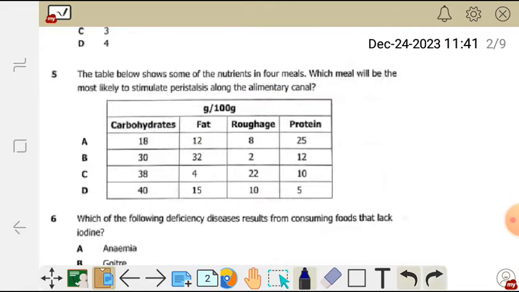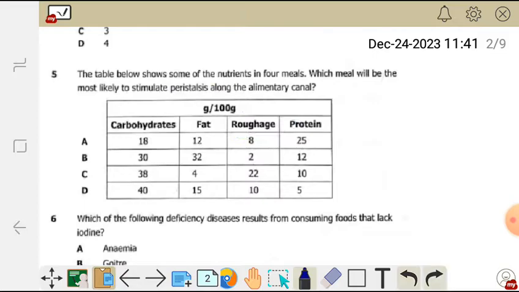So they are saying which meal will be most likely to stimulate peristalsis along the alimentary canal. So the one which stimulates peristalsis is the one which is rich in lipase. Okay, so this is a nutrient which stimulates peristalsis.